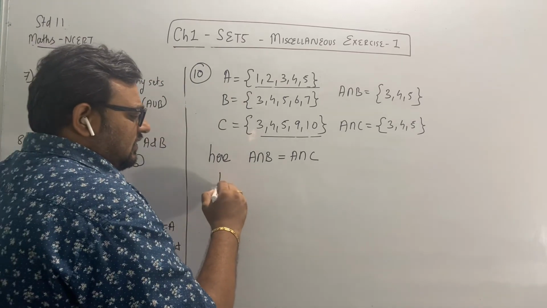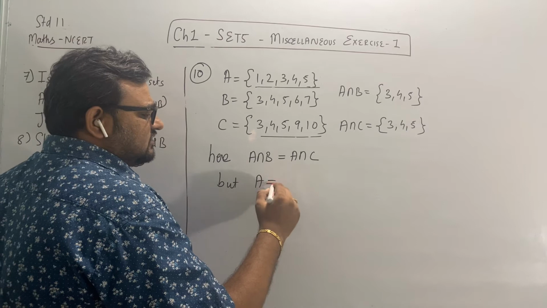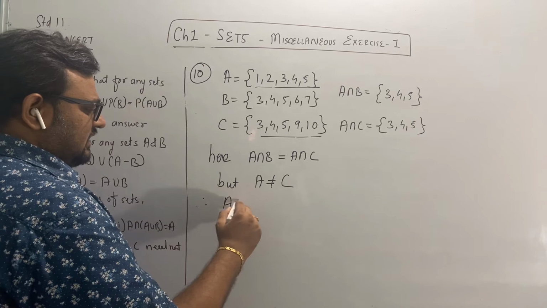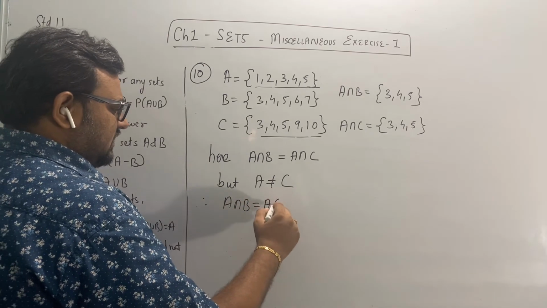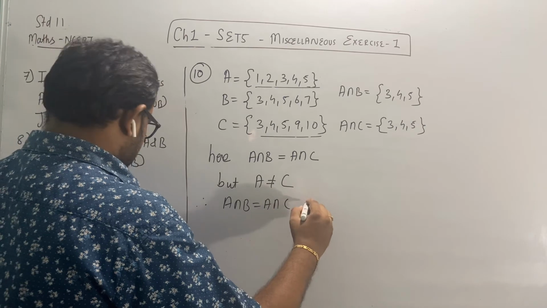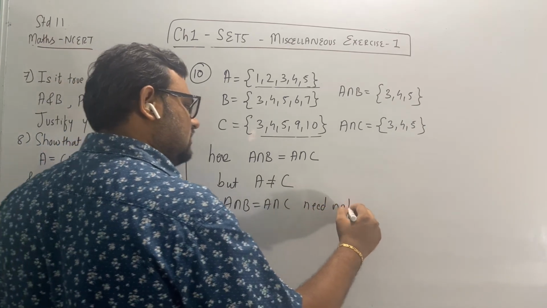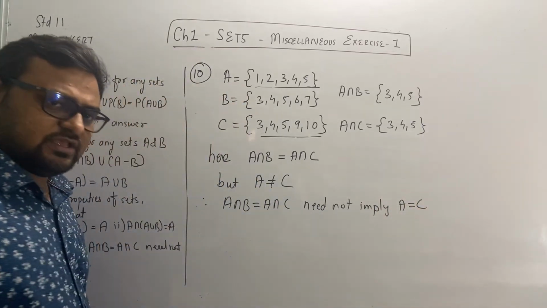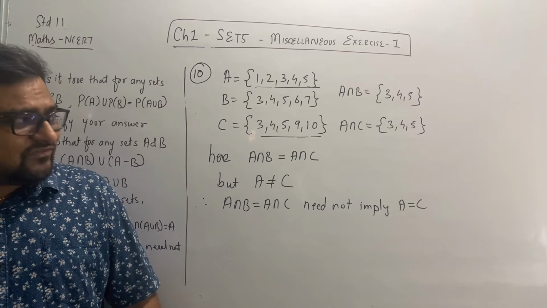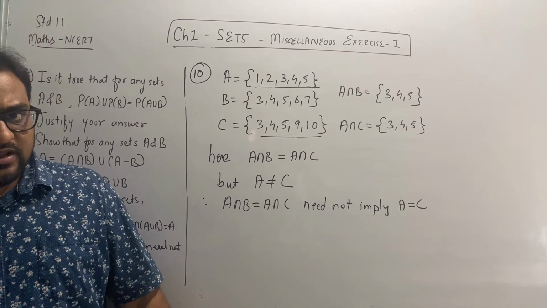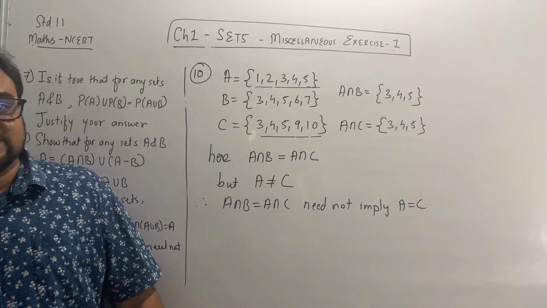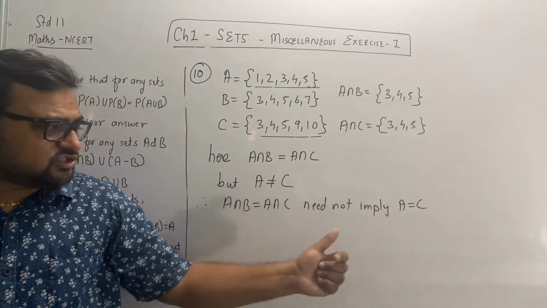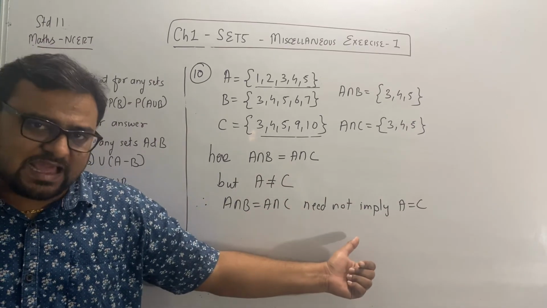But A is not equal to C. Therefore, A intersection B equal to A intersection C need not imply A is equal to C. See, it is not every time that A will not be equal to C. In some cases, it may happen that A is equal to C, but it's not compulsory that every time A equals C. So the word is "need not imply".